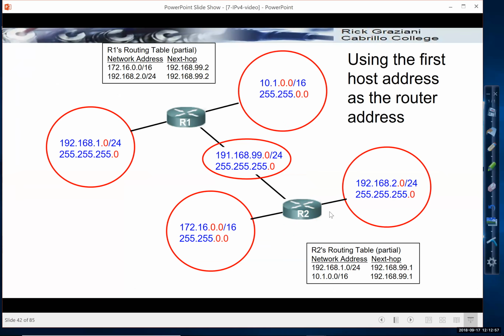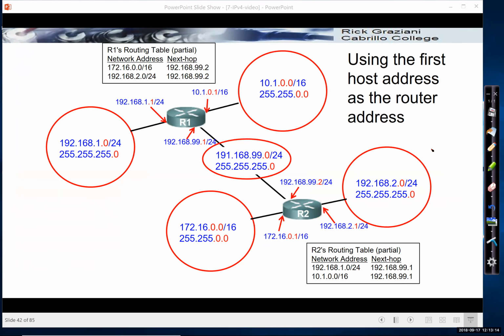Remember this topology here? Remember that router R1 and R2 have interfaces on various networks, so it would actually be the default gateway address. I'll show you that in a moment. Let me bring these up.